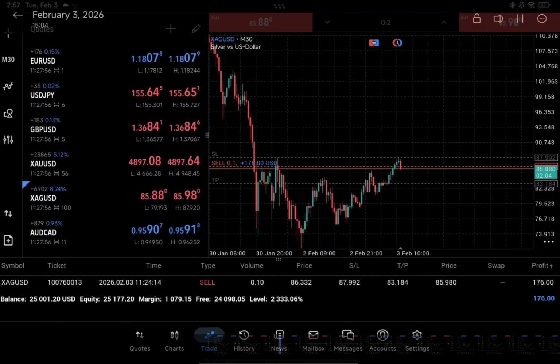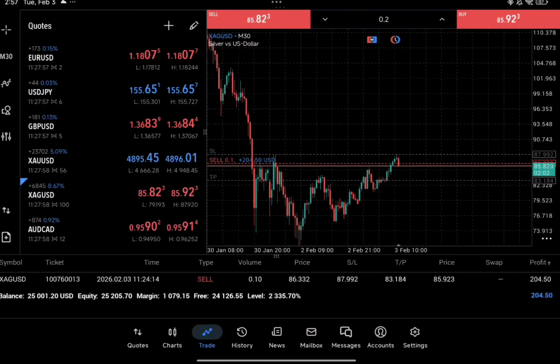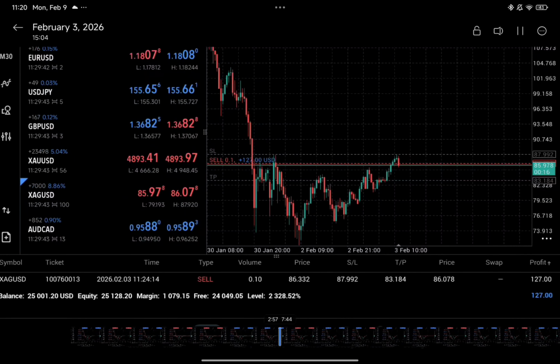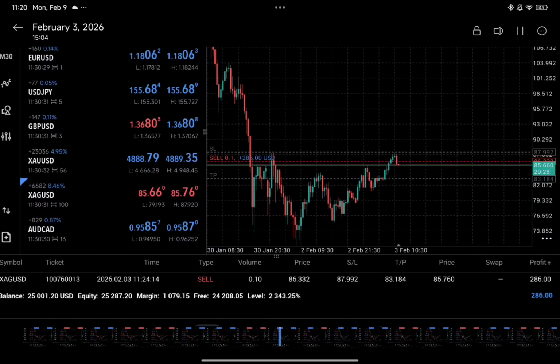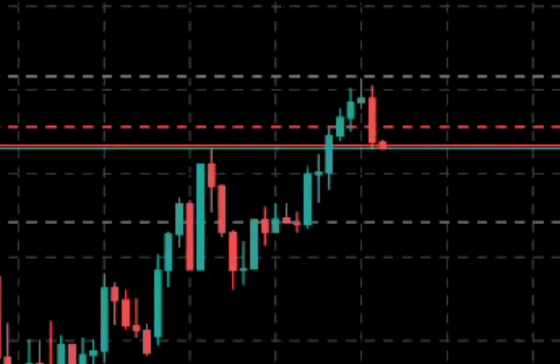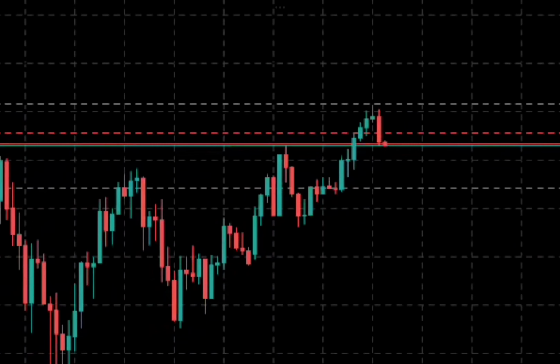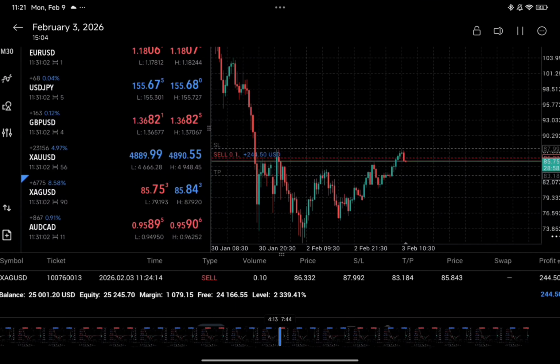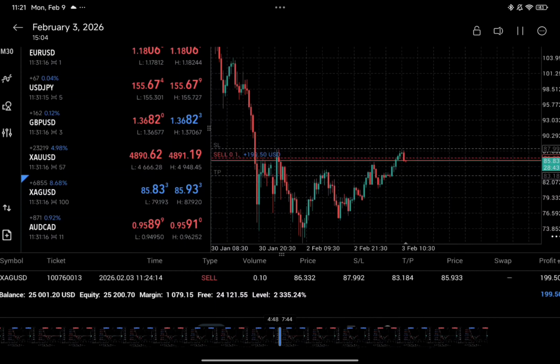As you can see, this is my floating PNL over here, and let's speed up the video. You can see that the open candle also closed, and the next candle is starting to break the low of the previous bearish candle, but it didn't.